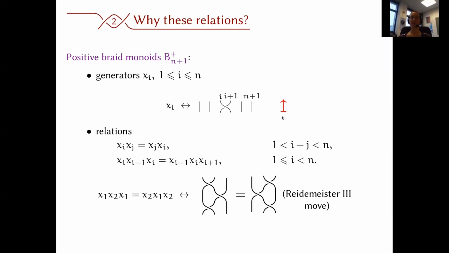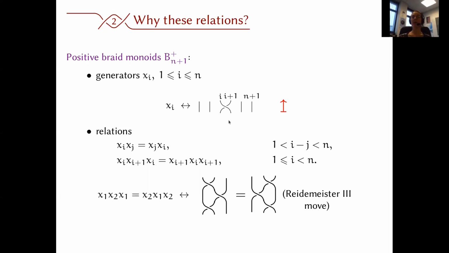So these generators xi correspond just to one elementary crossing between the strand number i and strand number i plus 1. Then you have the n elementary crossings like this if you work with n plus 1 strands. That is where the generators come from.